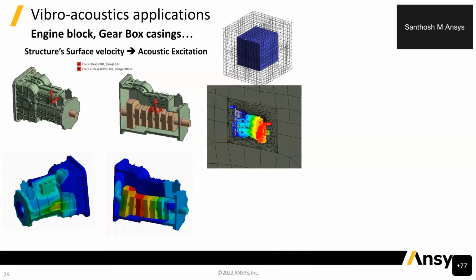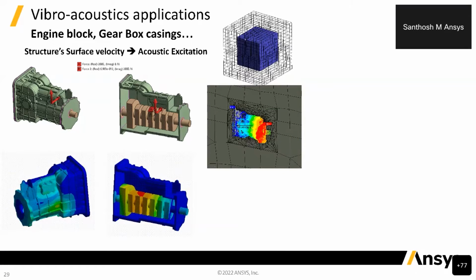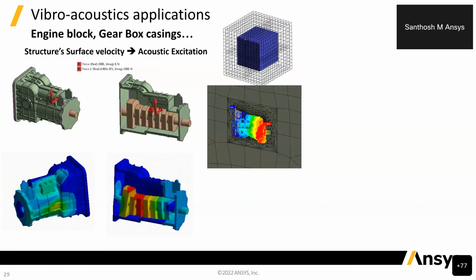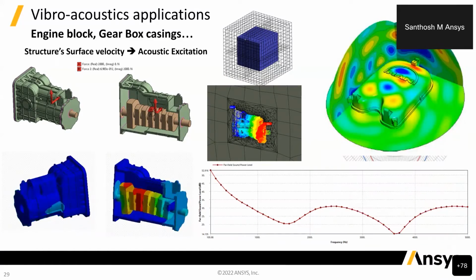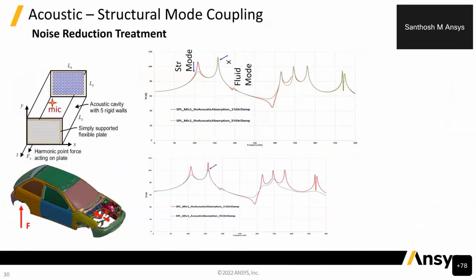In the other case it was a sphere, but in this case the surface, the casing, is not a sphere. There it was a constant velocity, but here different points have different velocities. Then we can see at various frequencies how much noise it is radiating, what the directivity is, and in which direction it is going. Many companies are using this concept to study the noise due to the structural vibration of the system.